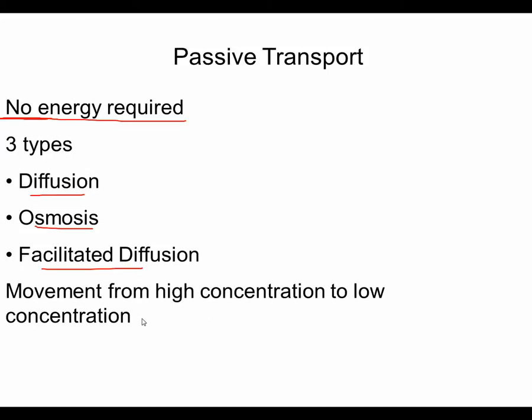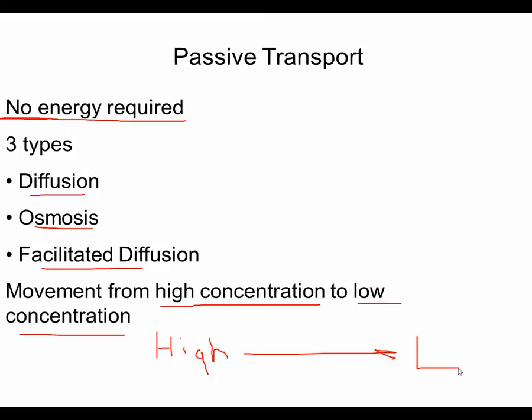Another key here that you should know is that it always moves from a high concentration to an area of low concentration. If you want to summarize it, high till low. And that's the basics of passive transport.